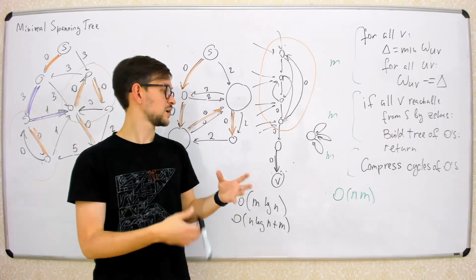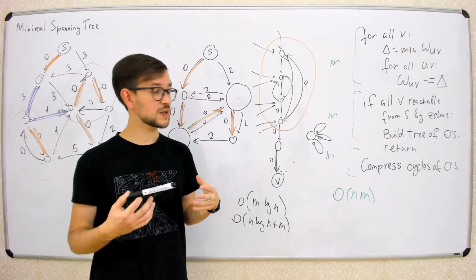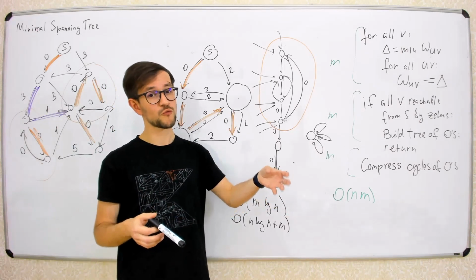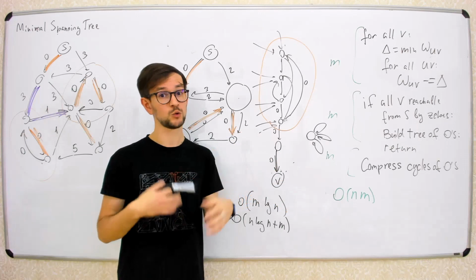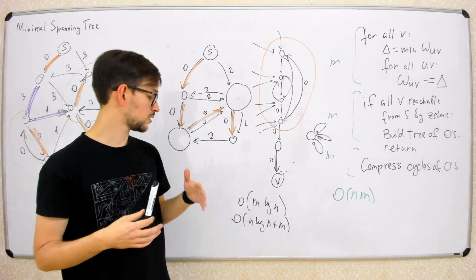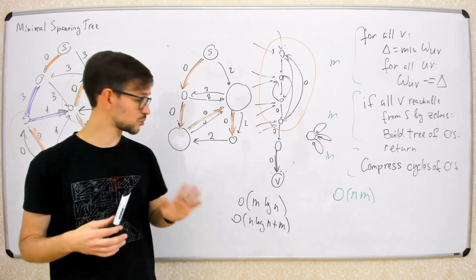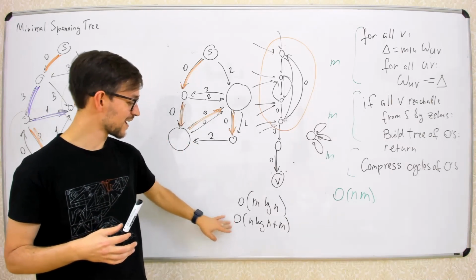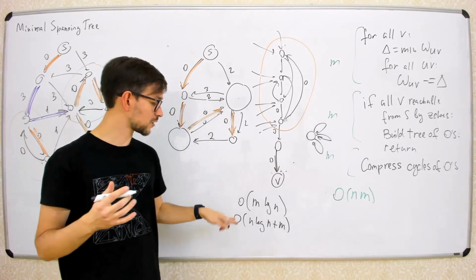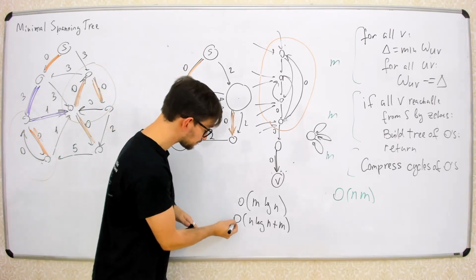Then we need to modify the Fibonacci heap, because we move elements from one heap to another. That's not what you want to do usually. Fibonacci heap is complicated by itself, but for this algorithm you need some modified Fibonacci heap.